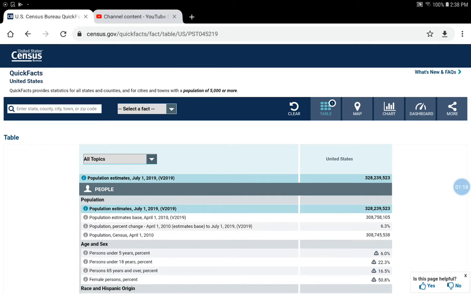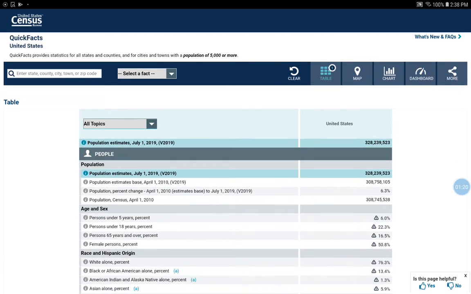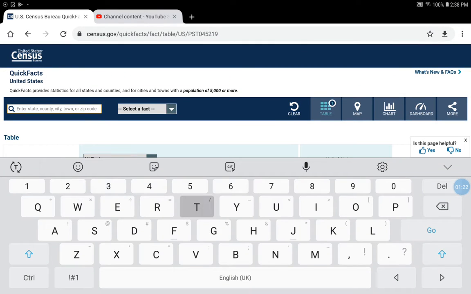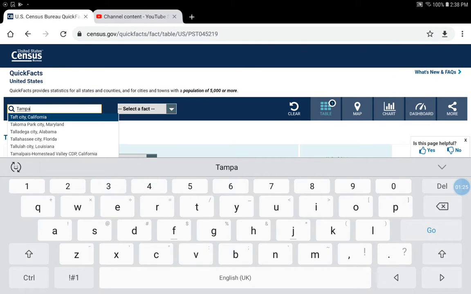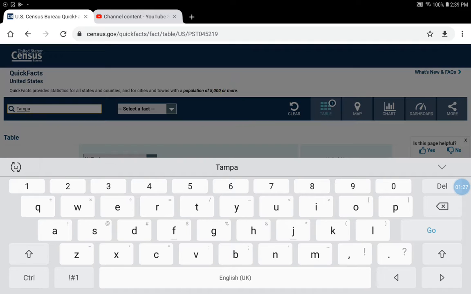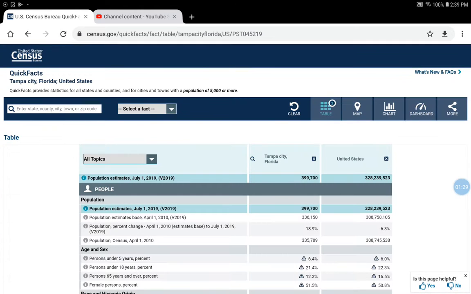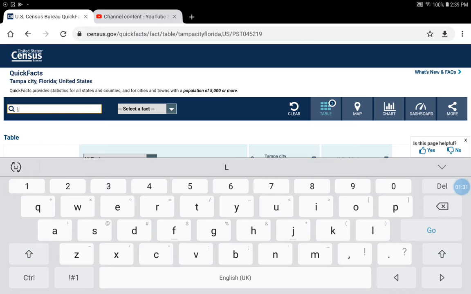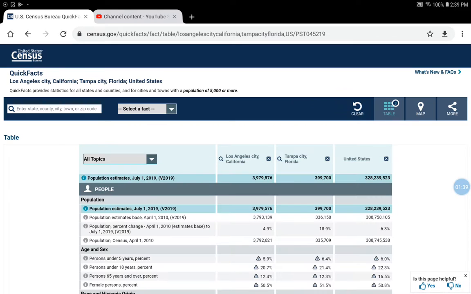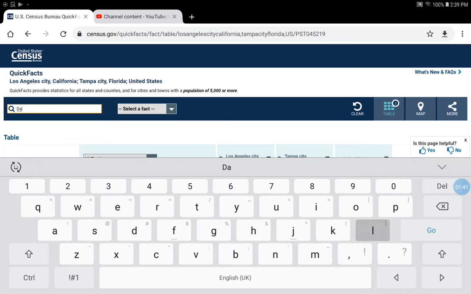It's also linked on Schoology, and this website allows you to build a chart so you can compare cities. So I might type in Tampa. Let's see, maybe Los Angeles. And maybe Dallas, Texas.